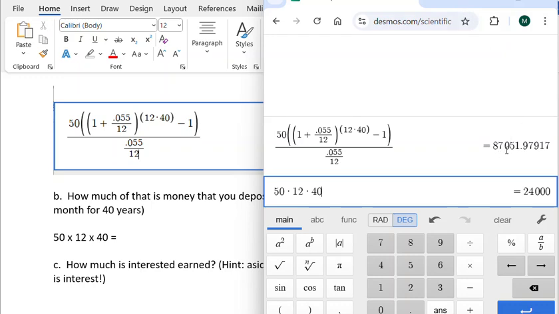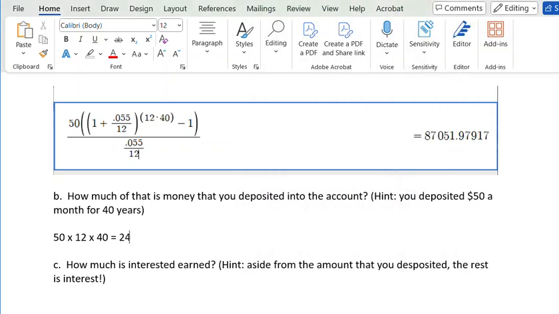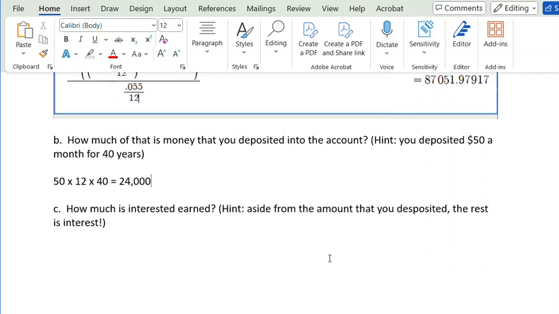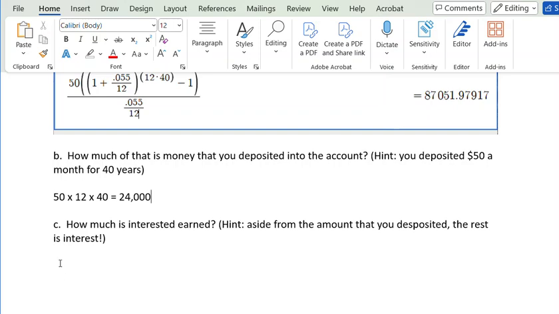So of that $87,000, $24,000 is the amount that I actually put in there, and the rest of it is interest. So aside from the amount that you deposited, the rest is interest. So to figure out how much of it is interest earned, I would subtract 87,051.98 minus 24,000.